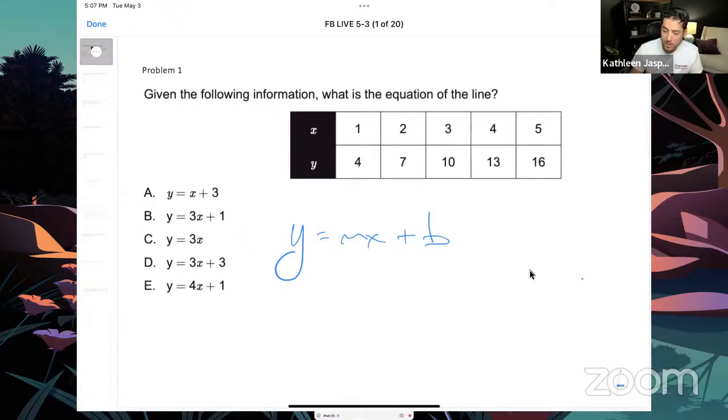This is called the slope-intercept form of a line, where this letter M here is for slope, and this letter B here represents the y-intercept. So when we're dealing with a chart like this, okay, the slope, and I know it's going to sound kind of funny, but the way that I teach this, I'm just trying to get you to understand enough to get the answer right.